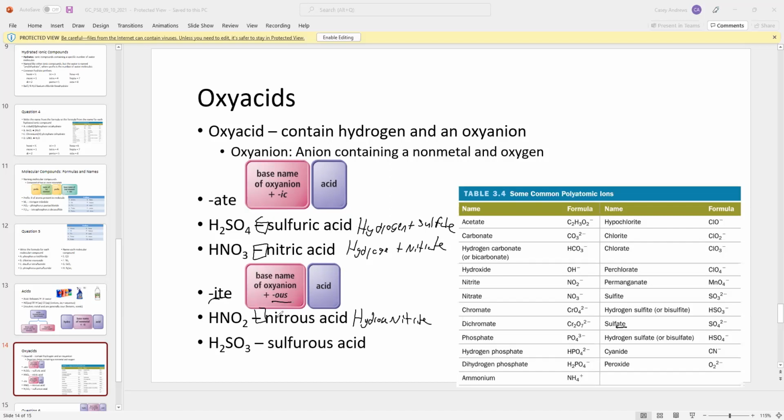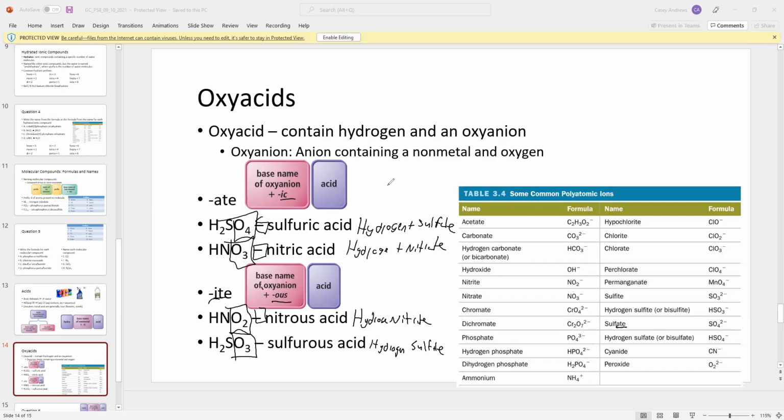This is just sulfuric acid. This is just nitrous acid. Hydrogen plus sulfite gives sulfurous. So really for this special naming scheme, you're looking for multiple oxygens. That's when you have to do this ic or ous if you see multiple oxygens appear.